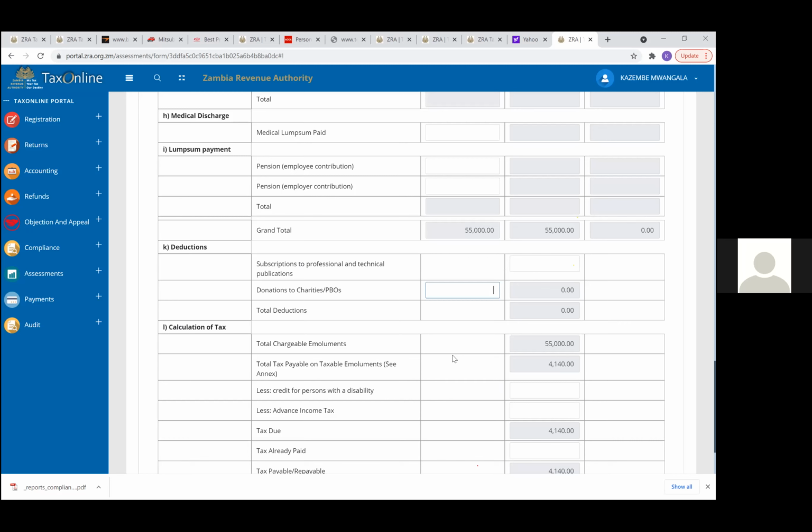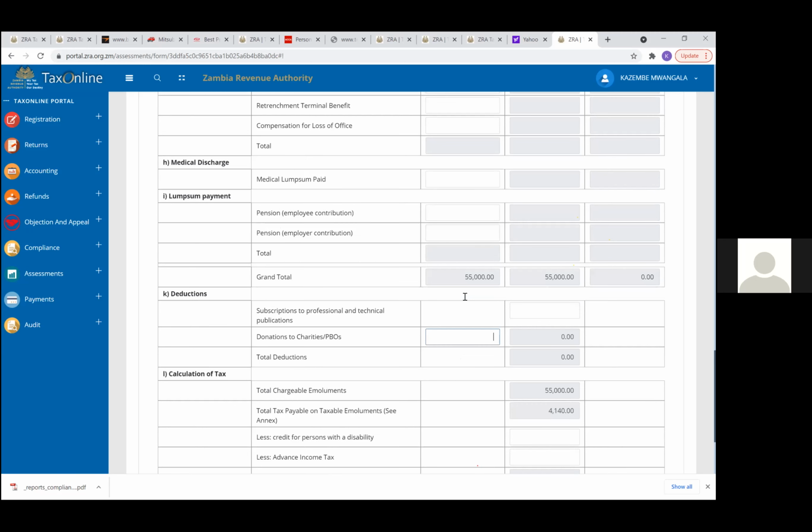So when you say in this case your tithe was 11,000, you see that the system will limit it only to 15%. So the deduction that will be given to you will only be 11,000.